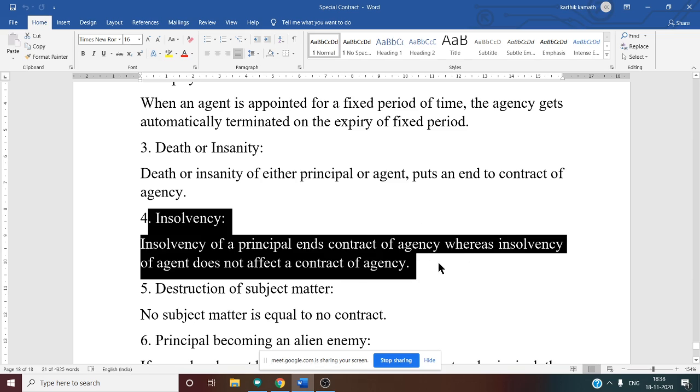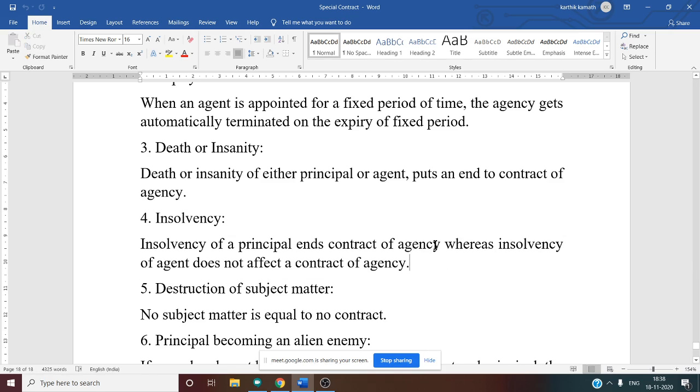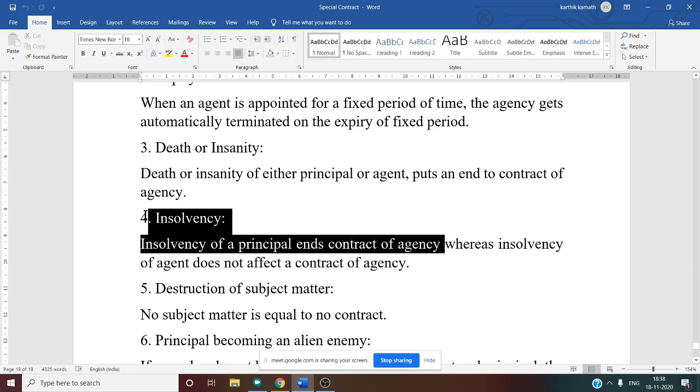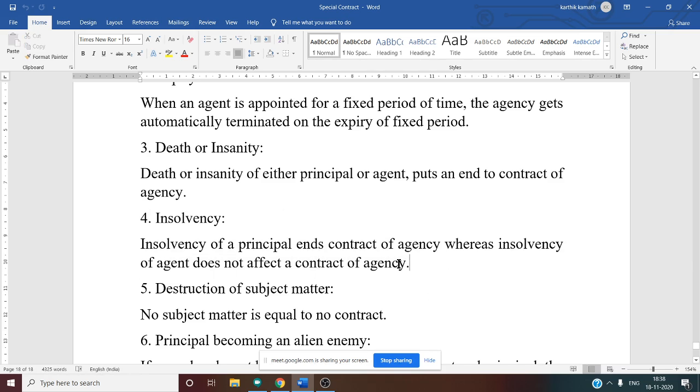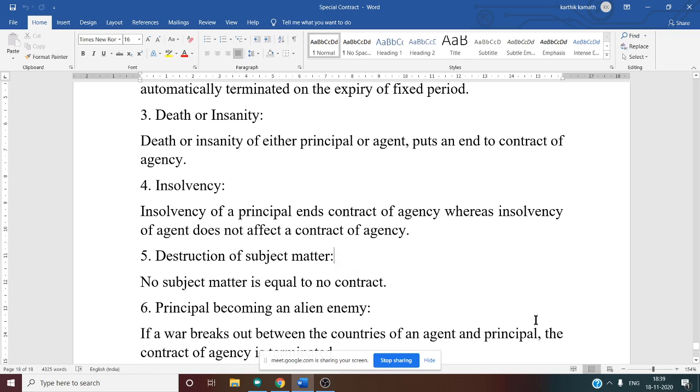That means even if the agent is insolvent, the principal can continue with the contract. But if the principal has not paid any remuneration, or is withholding the payment due to the agent, the agent has every right to cancel the contract.